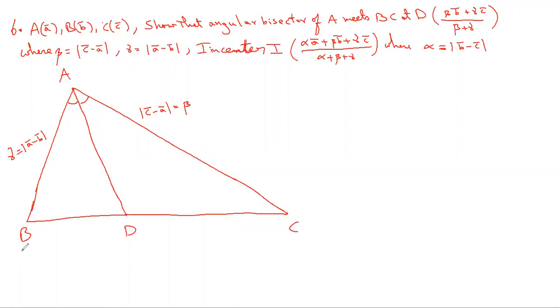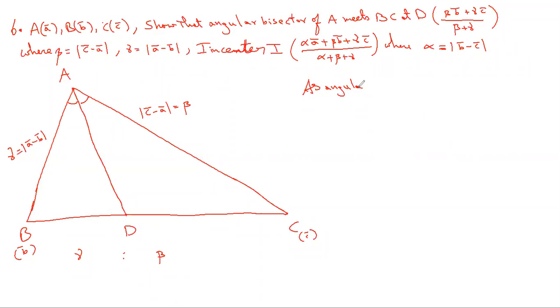CA bar has length beta, so this is mod C bar minus A bar. So this ratio is automatically gamma is to beta. Of course, you need to write that this is given.